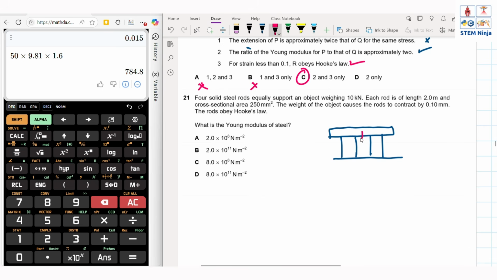Since it is being supported by four rods equally, the thrust would be equally divided.